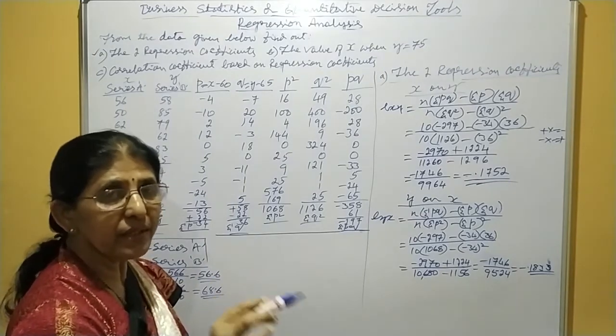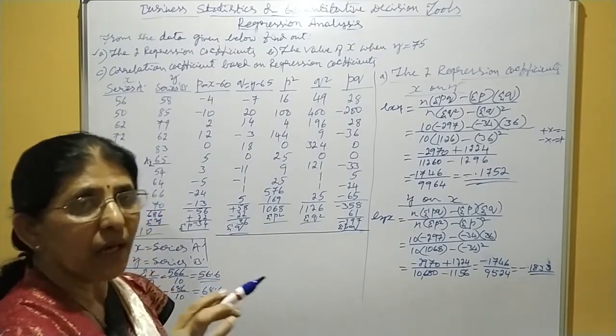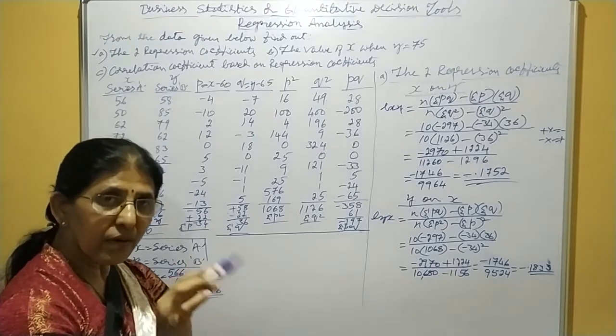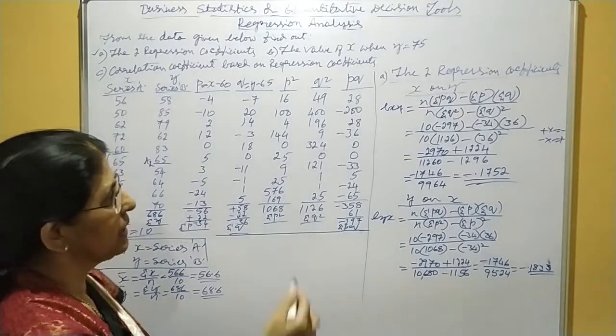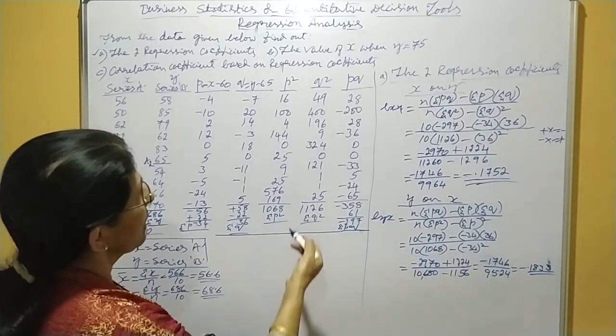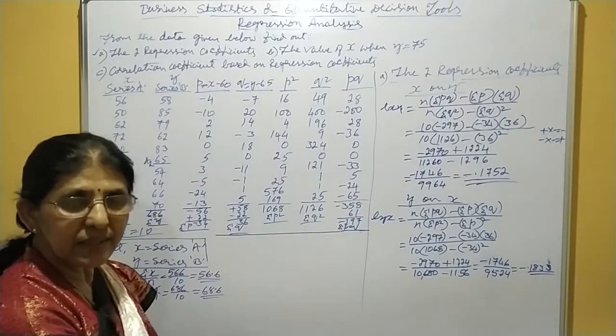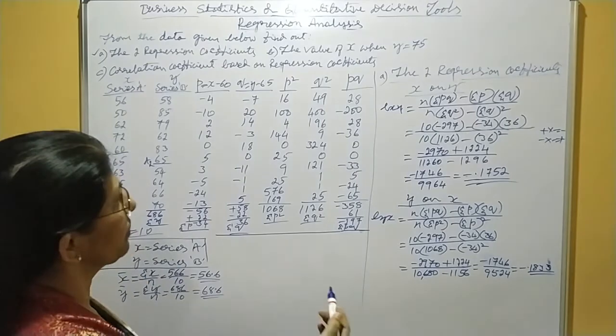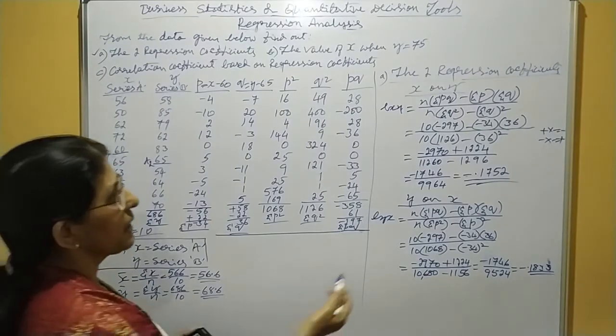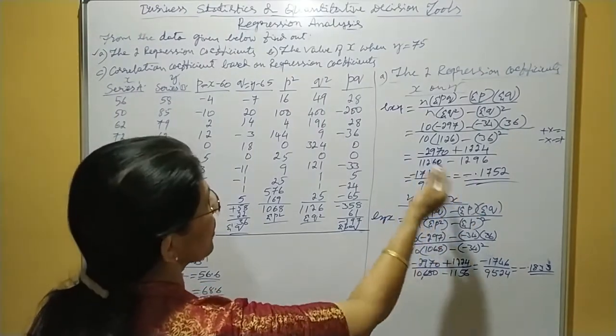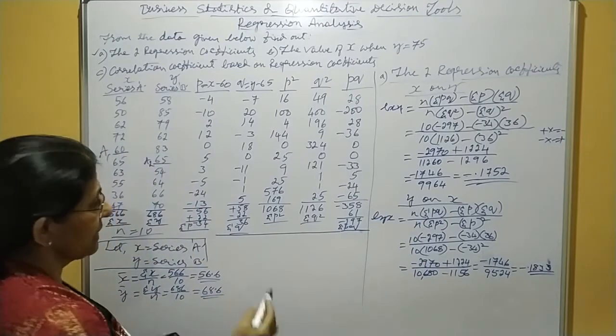When we have to find the value of x, we have to apply the regression equation of x on y. You can arrive at the regression equation and then insert the value, otherwise you may take it directly. Anyhow, you have calculated the regression coefficient of x and y, isn't it?